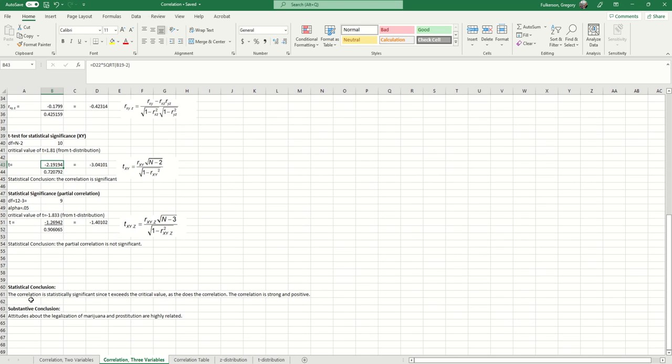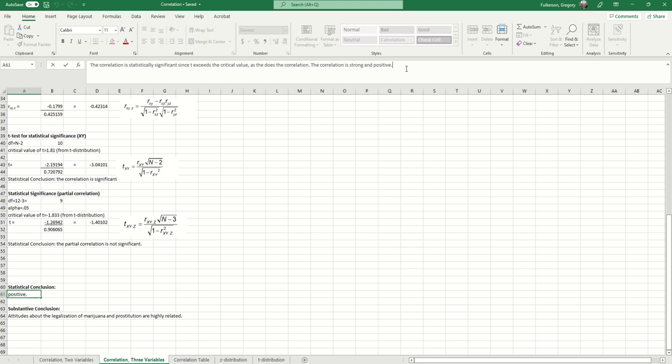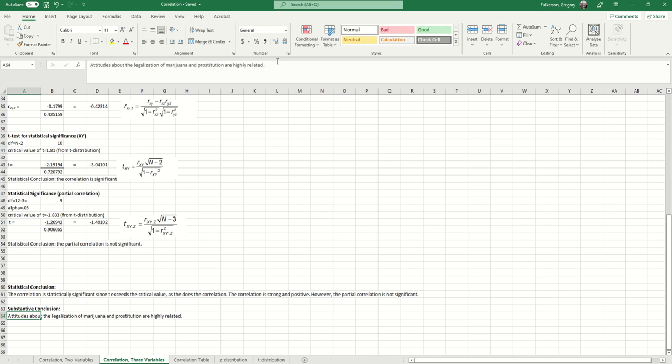So the correlation is statistically significant since t exceeds the critical value. But we need to add here also, however, the partial correlation is not significant. Oops, this needs to be updated.